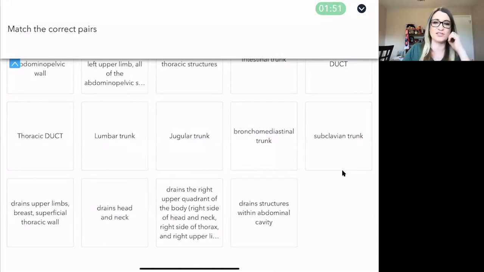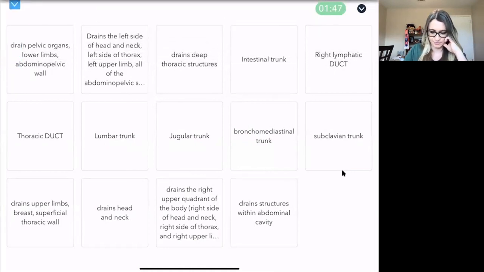So if you're logged into this, try to match the correct things together. I would start with the ducts, because I think those are the easiest, and then that goes away, right? And then you can do the trunks.